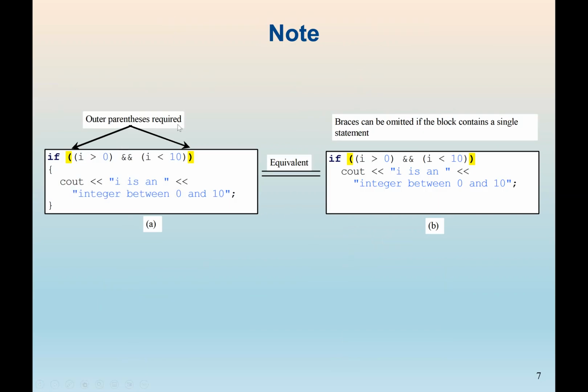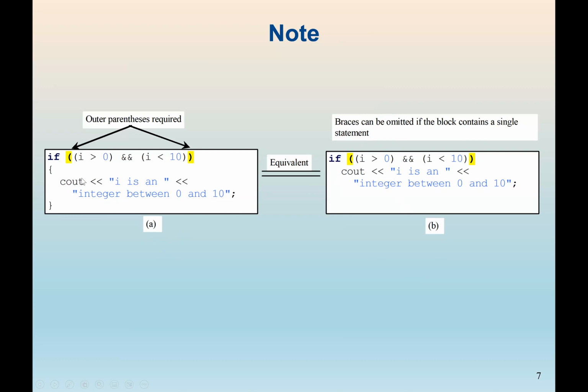So we should take a note here. Outer parentheses are required in C++. For example, here, braces can be omitted if the block contains a single statement. What they mean is that if we have only one single-line statement, then we don't need a brace. But if we have two or more statements, then we need a brace, which we normally call a compound statement.